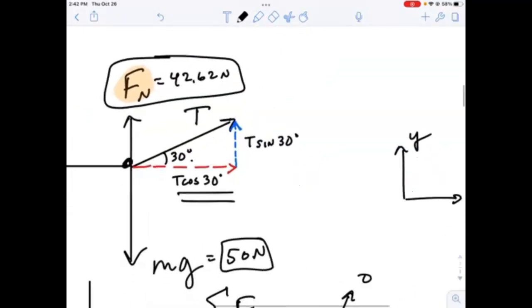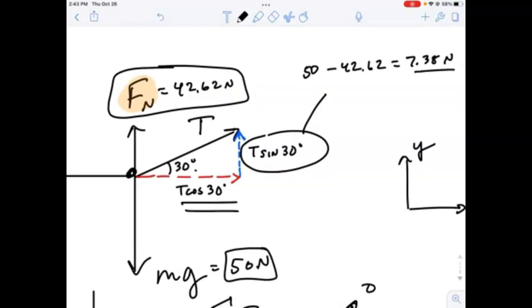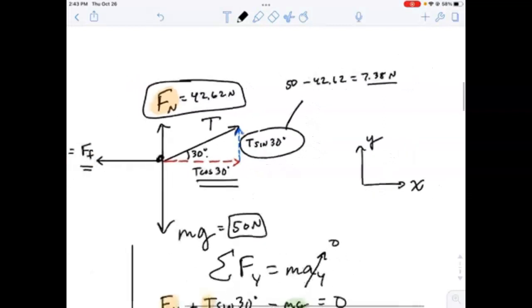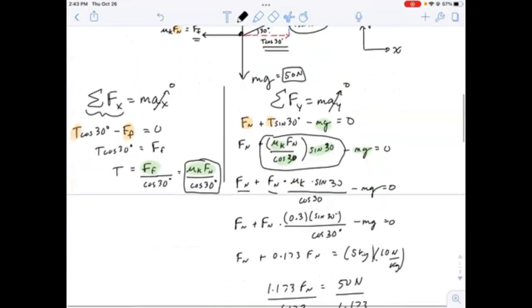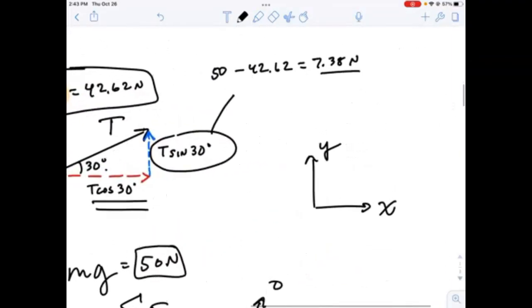That means T sine 30, this value, must be enough to make up for this value, so it has to be 50 minus 42.62, which equals 7.38 newtons.